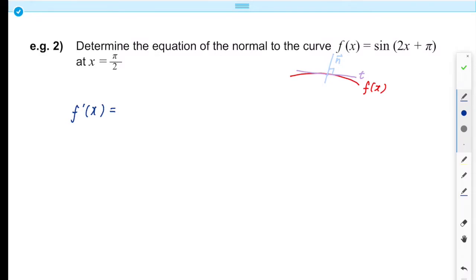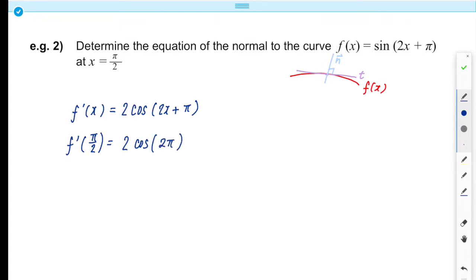So let's start. f prime of x is cosine of 2x plus pi multiplied by the derivative of 2x plus pi. Pi is a constant, so technically that's just 2. At x equals pi over 2, f prime is 2 cos of 2 times pi over 2, which is pi, plus another pi.